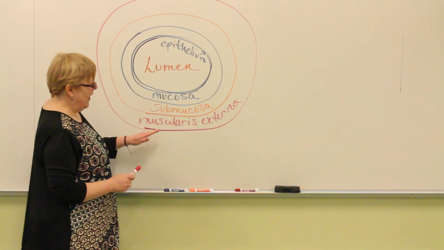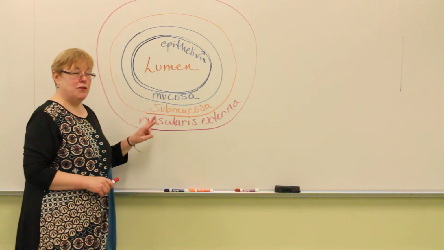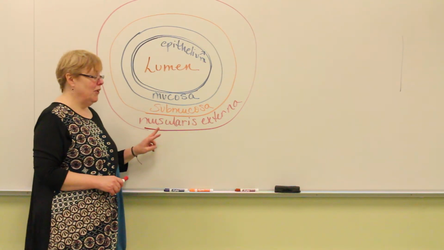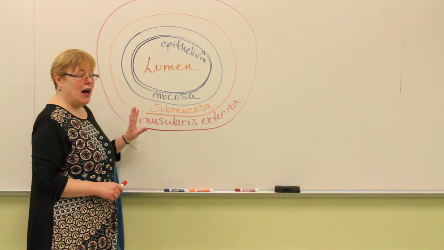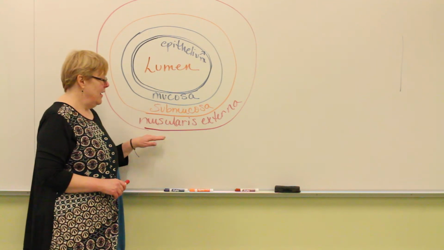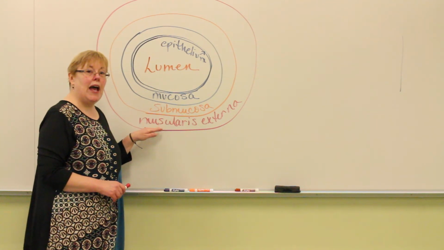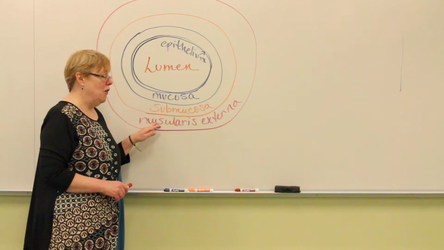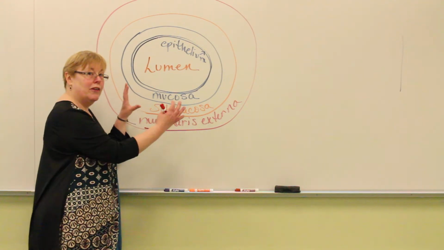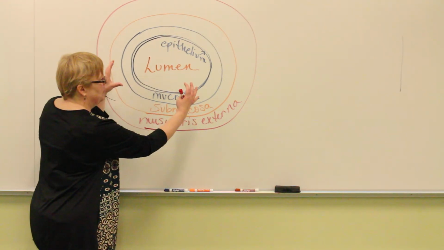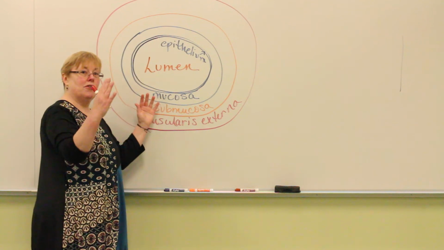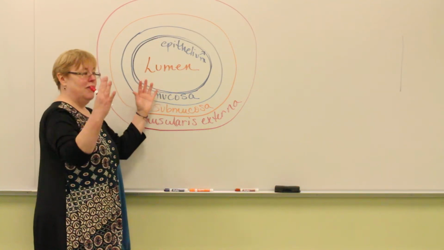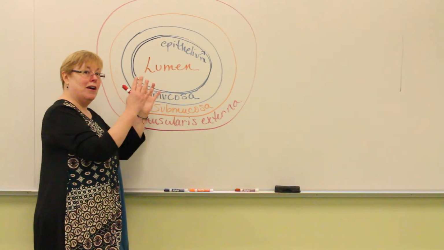Okay, and this layer is composed of 2 sublayers of muscle. And remember, since this is a hollow visceral organ, the type of muscle that we're going to have here is smooth muscle. One of these layers is circularly arranged, so we can change the lumen size. The other is longitudinally arranged, so we can change the length of the organ.